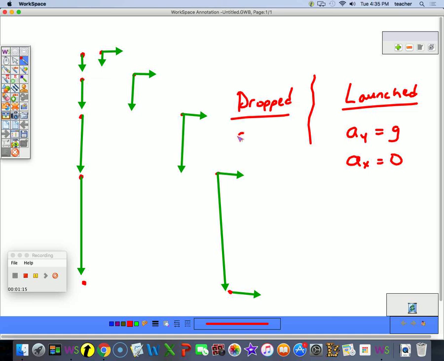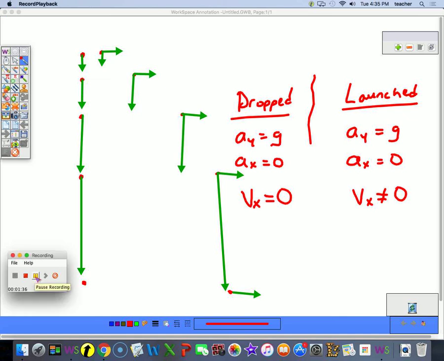But the difference is that the launched ball has a horizontal velocity, and the dropped ball does not have a horizontal velocity. The important message from this demonstration is that the horizontal and vertical motions of an object are independent of each other. Whether or not something is moving horizontally doesn't affect how it is moving vertically.